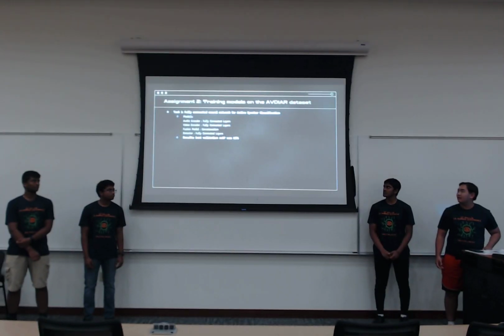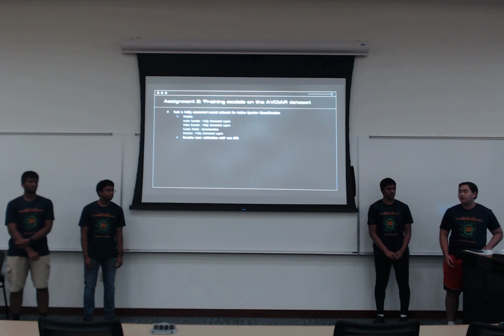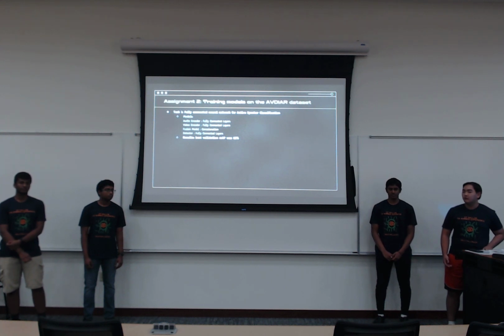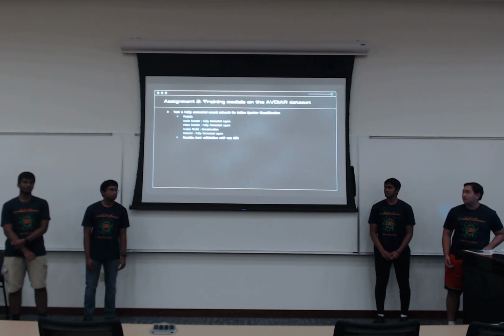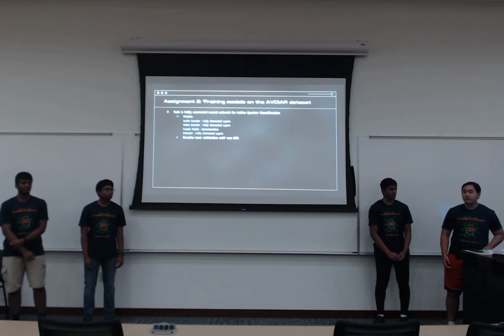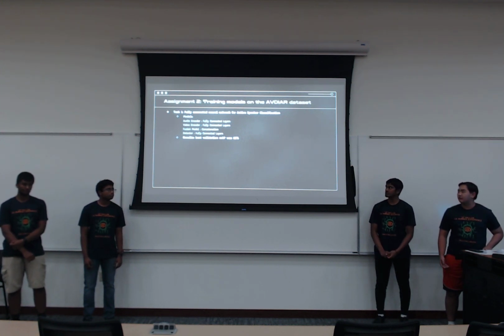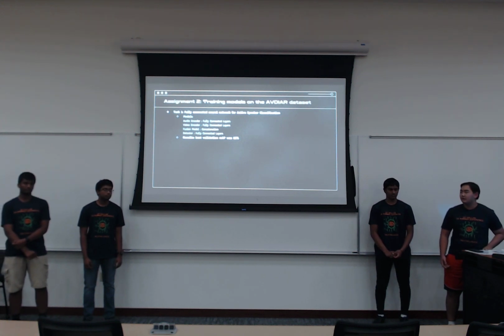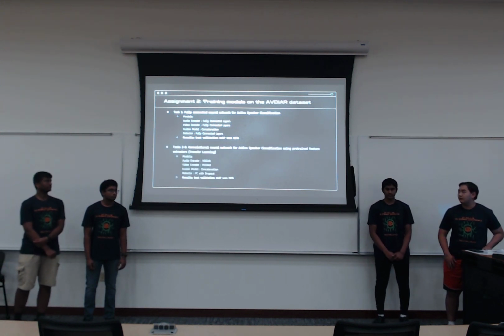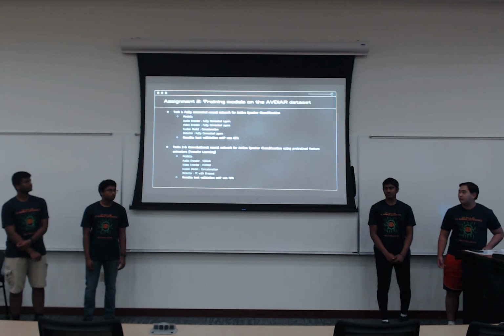And then our second assignment was to actually start training models for the active speaker detection task on the AVA dataset. So the first task was to use a fully connected neural network. The audio and visual encoders were fully connected layers, as was the detector, and the result gave a best accuracy of 62%. And then the second task, through the fifth task, was to build a convolutional neural network and to add upon it.